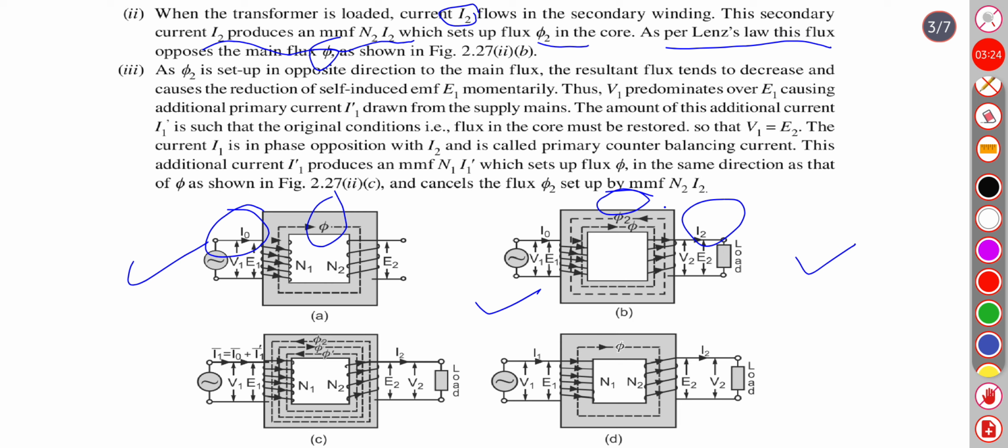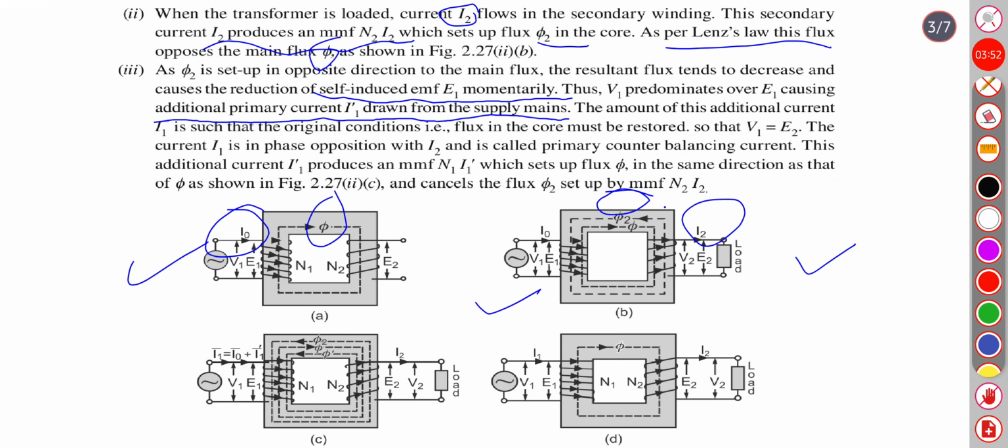As phi2 is set up in the opposite direction to the main flux, the resultant flux tends to decrease and causes the reduction of self-induced EMF E1 momentarily. Thus, V1 predominates over E1, causing additional primary current I1 dash to be drawn from the main supply.